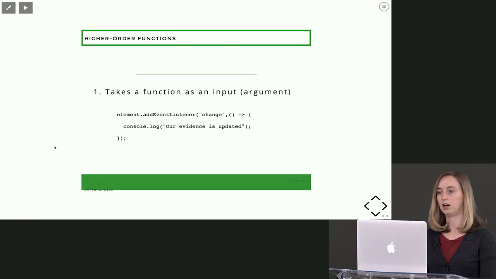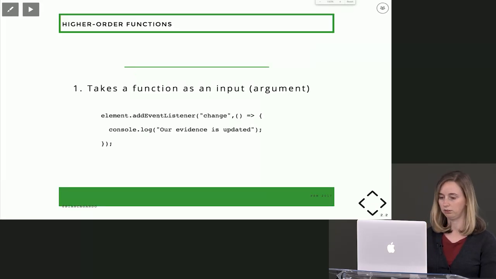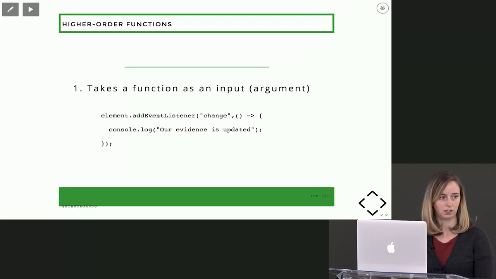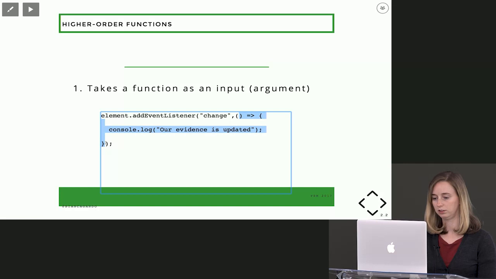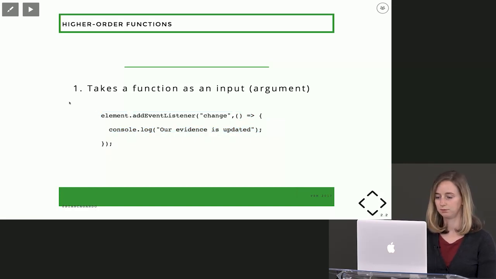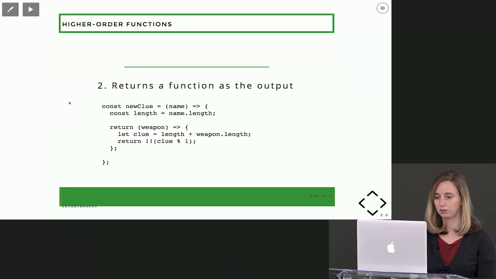So a higher order function can take a function as an input. For example, this add event listener. Have you guys used add event listener, right? We're taking this function as an input. Cool.